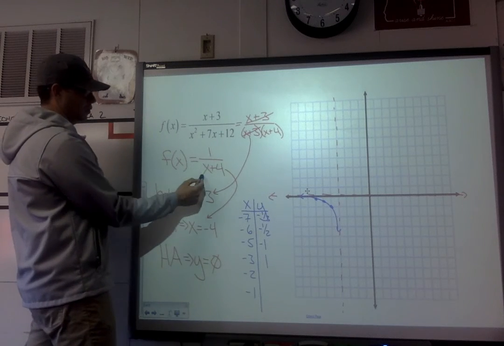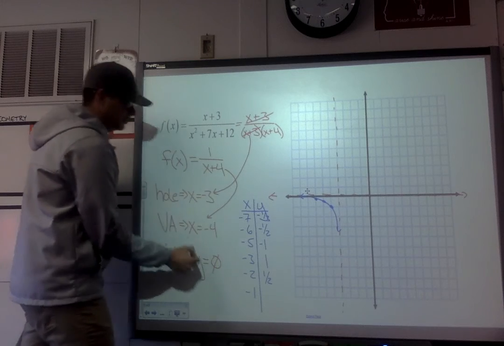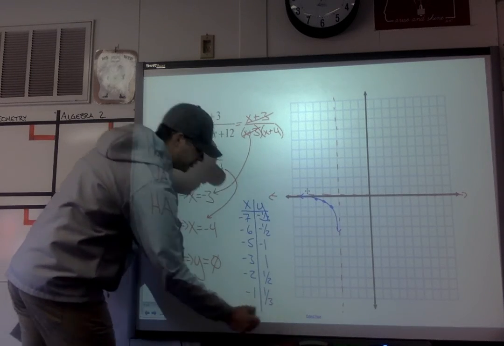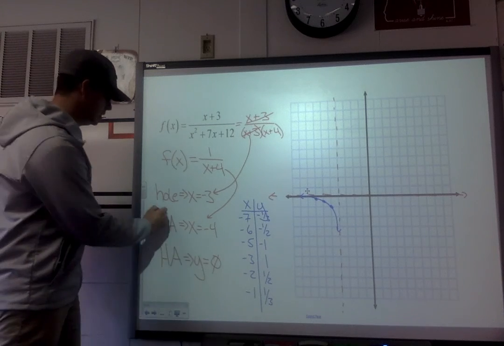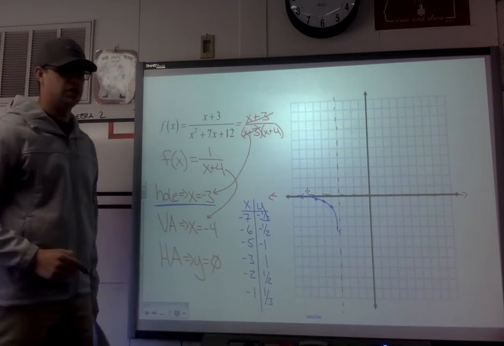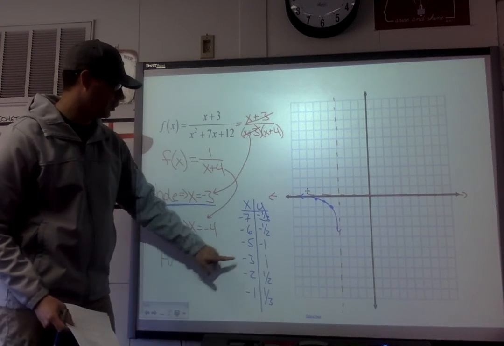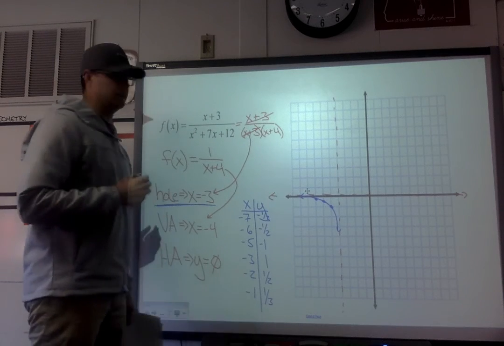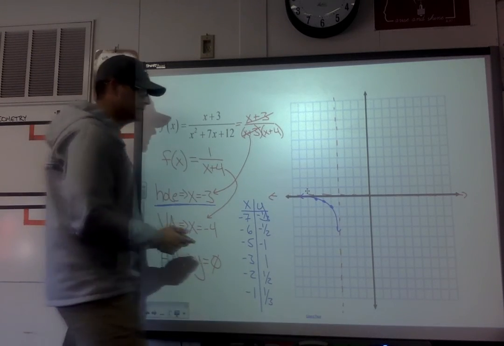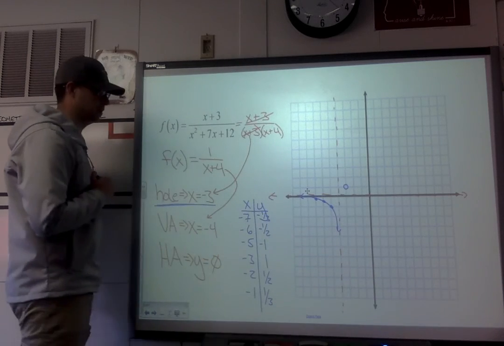Plug in negative 3, I'm going to get 1 over 1. Negative 2, I'm going to get 1 over 2. And negative 1, I'm going to get 1 over 3. Now, when I graph these points, I have to remember I had a hole at x equals negative 3. So my point negative 3, 1, since that's at x equals negative 3, I'm going to graph that point, but it's going to be an open circle because there's a hole at that point.